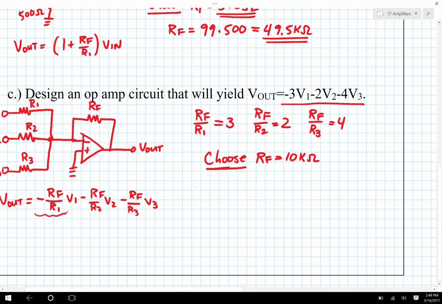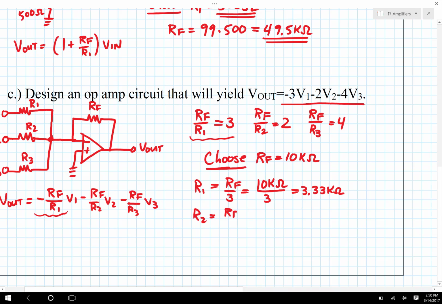And then I can see that R1, if I rearrange this equation a little bit, is going to be RF divided by 3, which is 10 kiloohms divided by 3, which is 3.33 kiloohms.